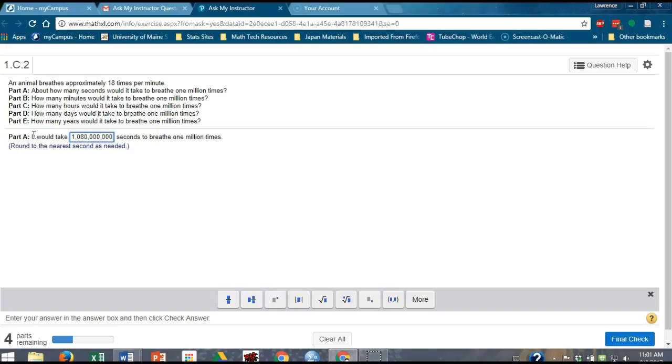But part A is asking, how many seconds would it take to breathe 1 million times if an animal breathes 18 times per minute? So the important thing to recognize here is it's asking how many seconds. So we know that when we're done, our answer should have only seconds for the unit.